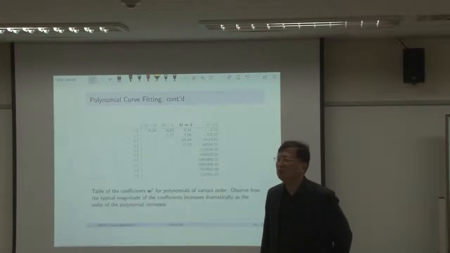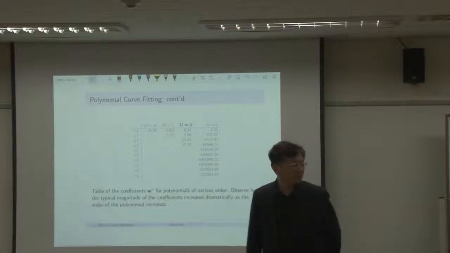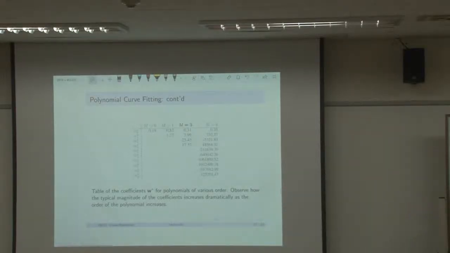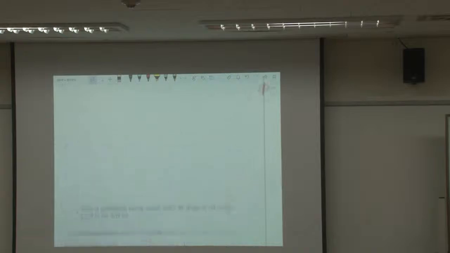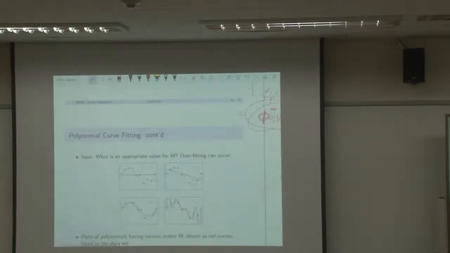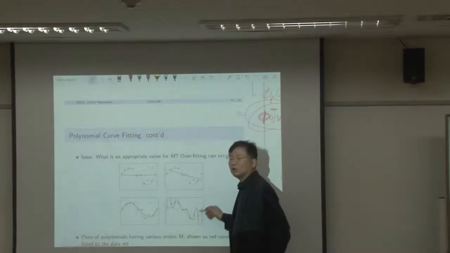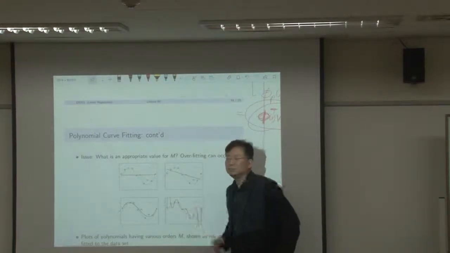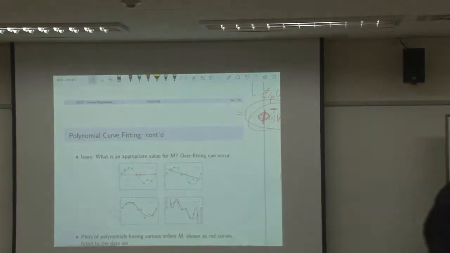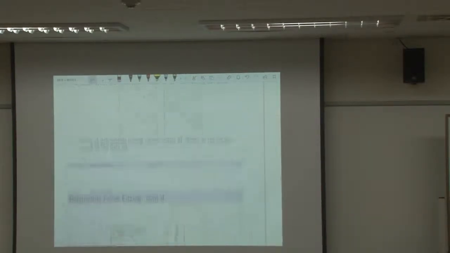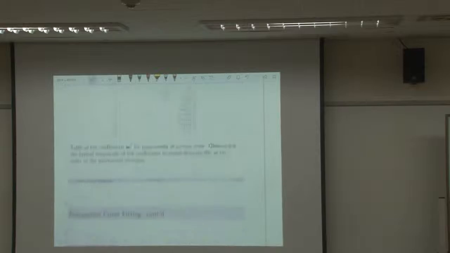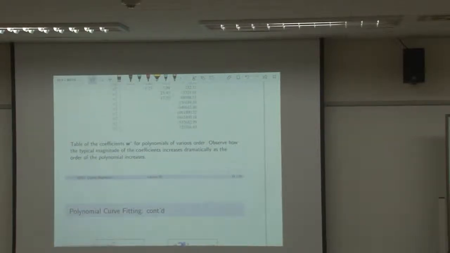It's trying to fit every point. It's trying to fit all the training data, and the W's go crazy. So when your coefficients go crazy on you, you probably know that it's overfitting, because it's trying very, very hard.